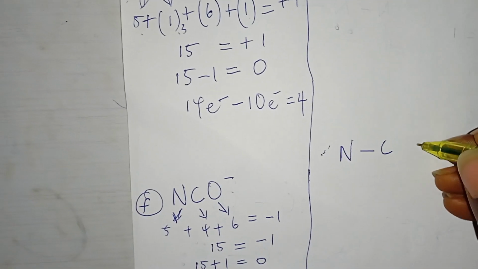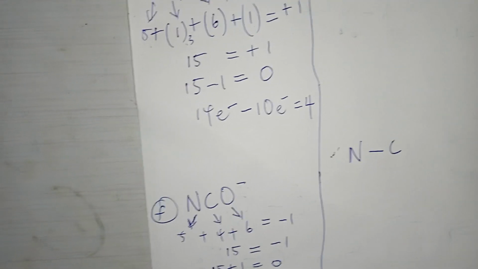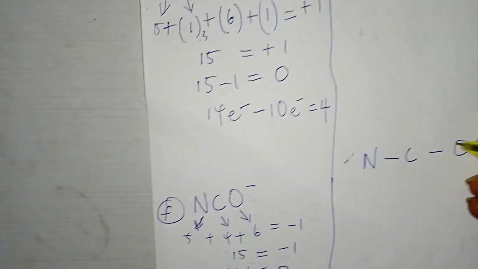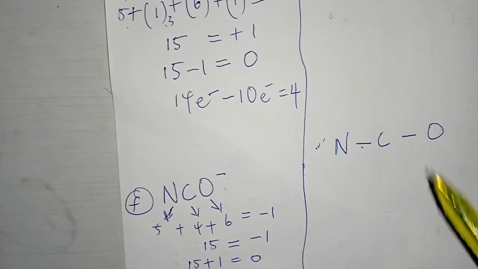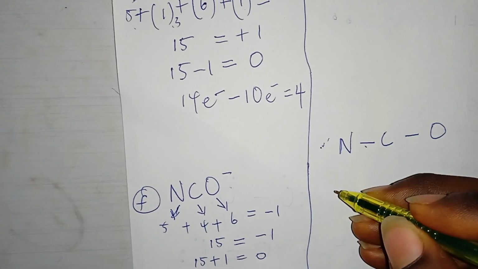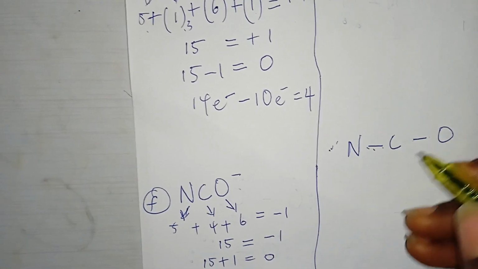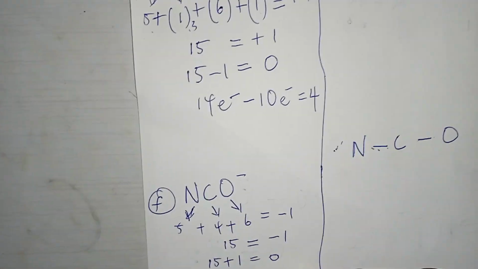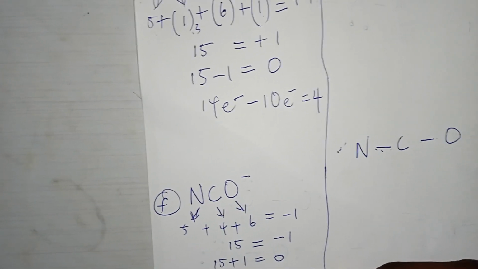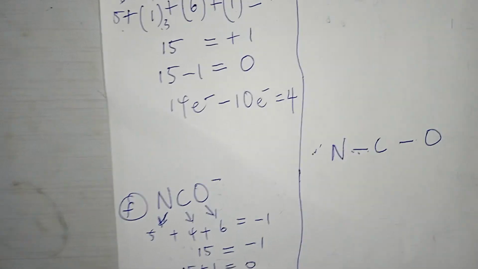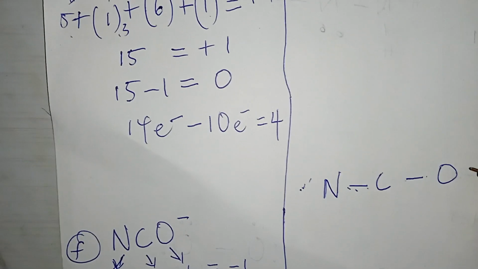When it comes, it will bring lesser electron. So I now put O here. The minute I put O, let's count the bond electrons. I have 1, 2. So 2 bonds means 4 electrons. So I'll do 16 minus 4 equals 12 electrons remaining.